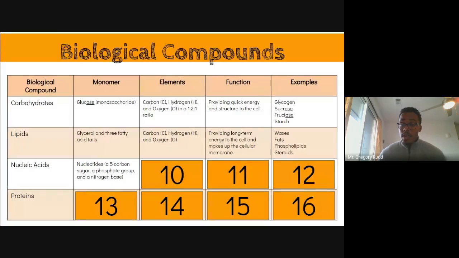Good. Phosphorus is one. Thank you, Fanique. And we're missing one other. Starts with an N. Nitrogen. Nitrogen, good.